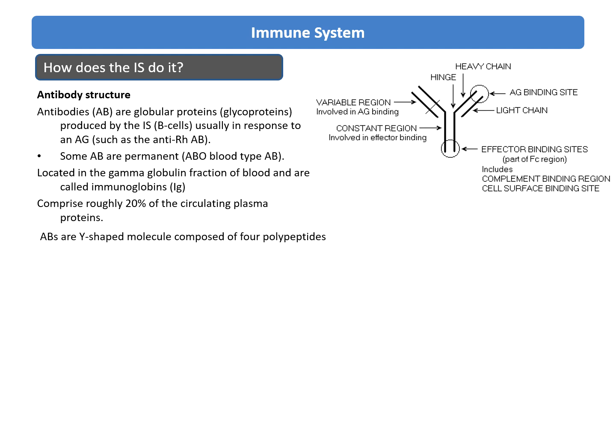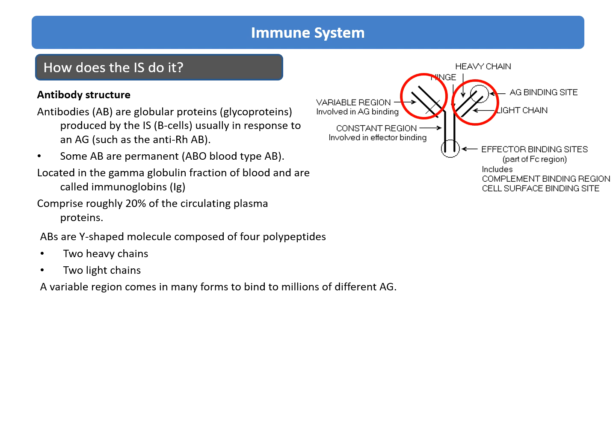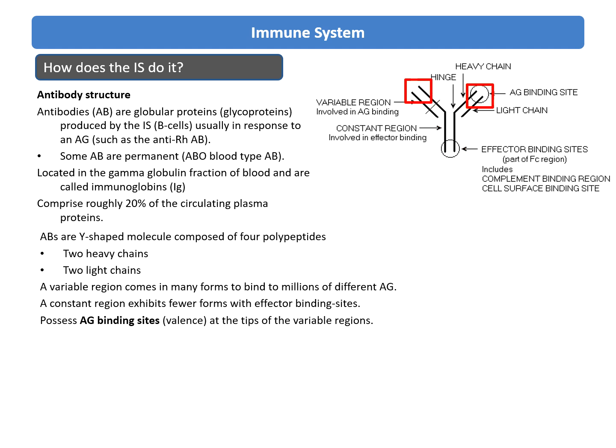They're Y-shaped, as we've said, and they're composed of 4 polypeptides. 2 of them are heavy chains, and 2 are light chains. A variable region has many, many forms to bind with millions of different antigens. A constant region exhibits fewer forms, but it has an effector binding site.